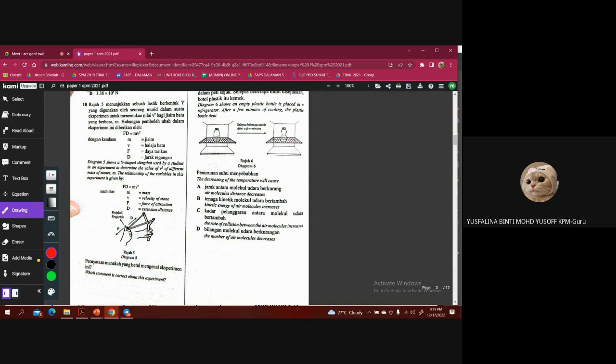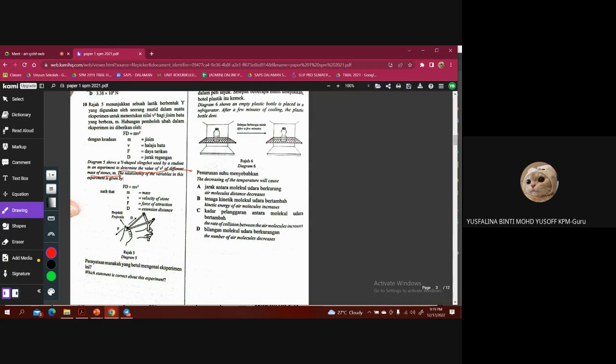And you see, they want you to find, you have to understand this one, to determine the value of v square of different mass. So two variables here: mass and also velocity. Which one is the manipulated? Manipulated is the mass, because you want to know whether the mass influences the velocity, right?